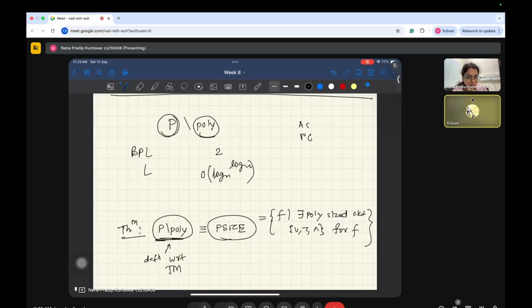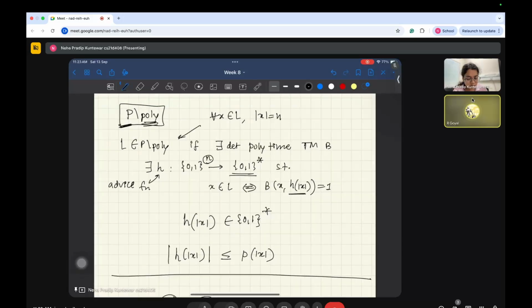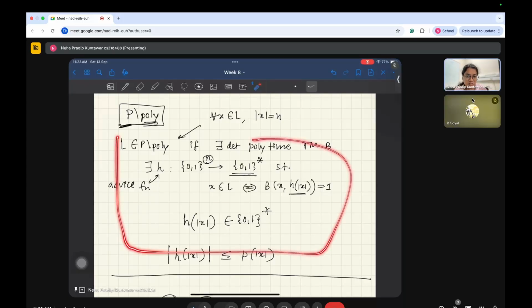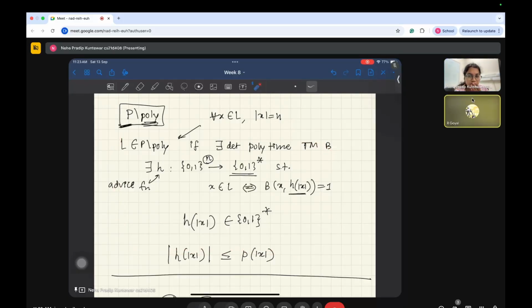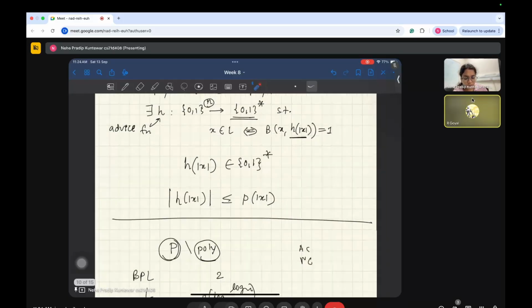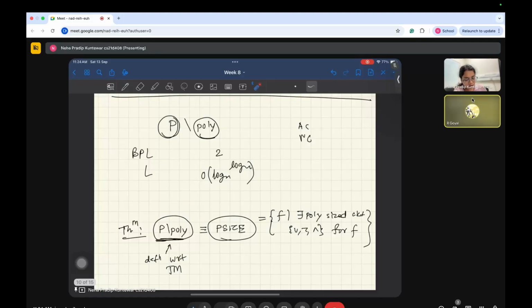Even in the notes they give the definition in the form of circuits only. I saw the notes, they give two definitions: one in the context of circuits and the other in the context of Turing machines. A collection of all polysize circuits is the class called P-size.